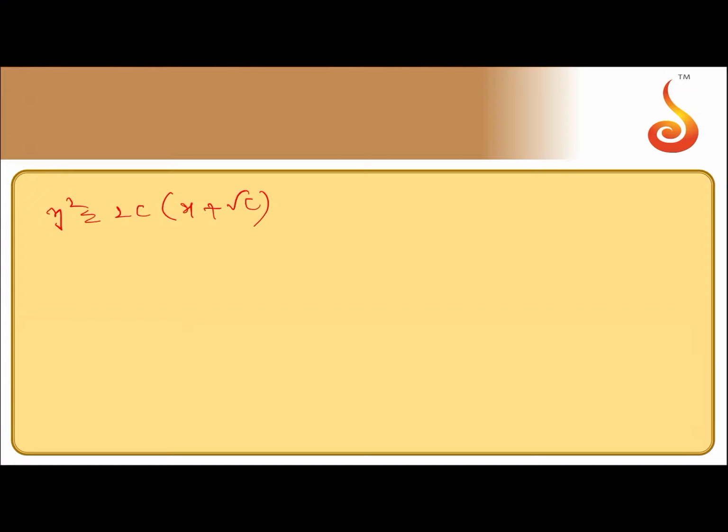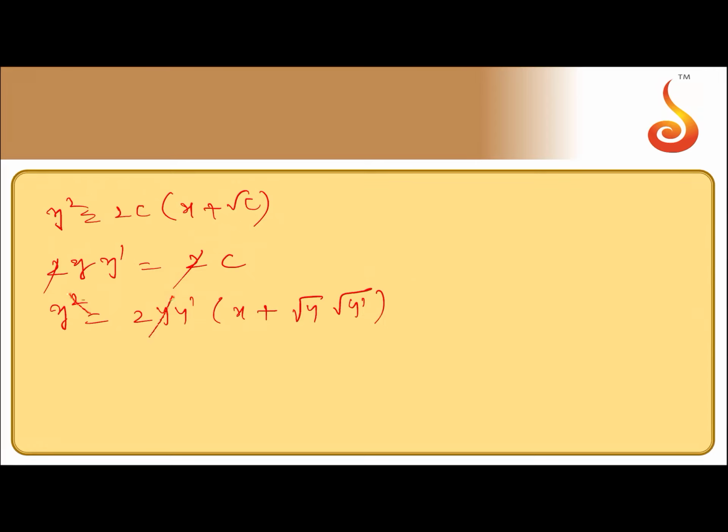Okay, you could take the derivative here. You will be getting 2y y dash is equal to 2c, and therefore c is equal to y dash. By eliminating c, y square is equal to 2y dash multiplied by x plus root y dash.